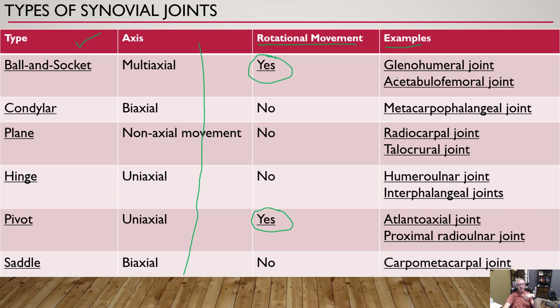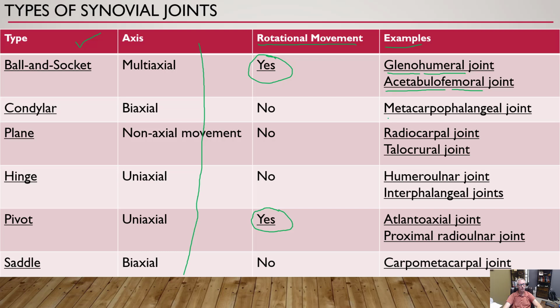But now we have to talk in medical terms or A&P terms. So your shoulder joint is actually your glenohumeral joint. And if you remember from lab, we have a glenoid fossa in your scapula, and then your humerus goes into that glenoid fossa. And then in your hip, we have an acetabulum, and then your femur goes into that acetabulum.